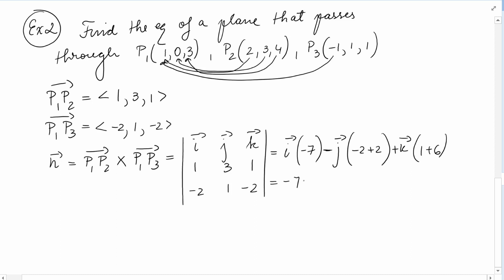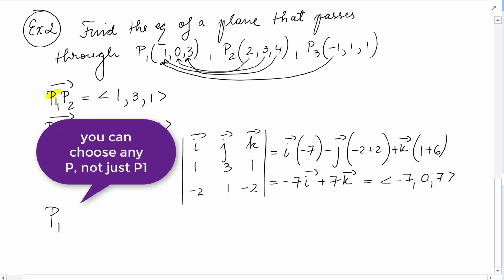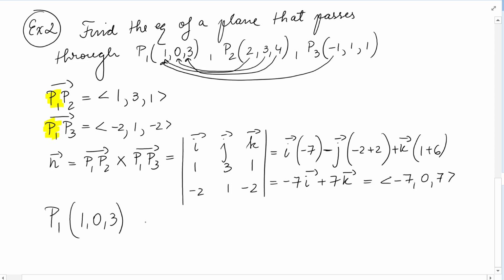So we get negative 7i plus 7k. So the normal vector is negative 7, 0, 7, and we use the point P1 because it's the intersection of these two. So P1 is of coordinates 1, 0, 3, and the normal vector is negative 7, 0, 7.